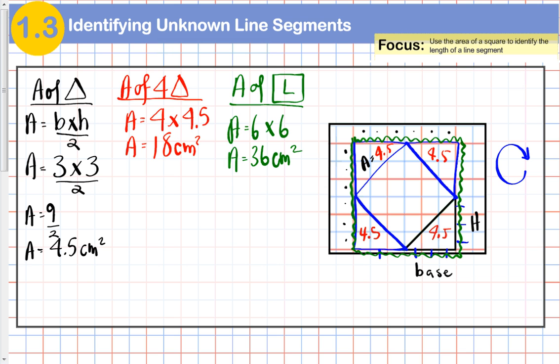Okay, so now we're down to the last 2 steps. What we want to do now is cut away our triangles to identify the area of that center square. Once we have the area of our center square, we find the square root of that square and we've got our unknown line segment. So we want to know the area of the small square.